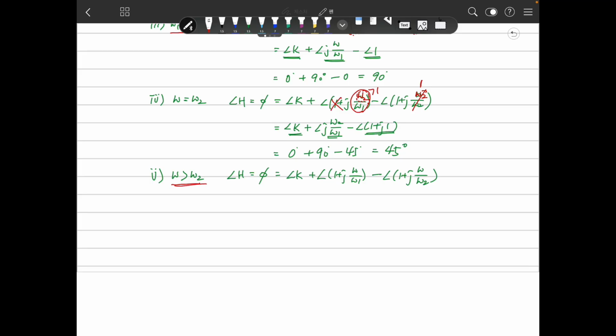Here omega is larger than omega 2, so this is larger than 1. Ignore it the same way, then K plus J omega 1 omega minus J omega 2 omega. So there will be real number 0, imaginary plus 90 degree, imaginary minus 90 degree. There will be 0 degree.